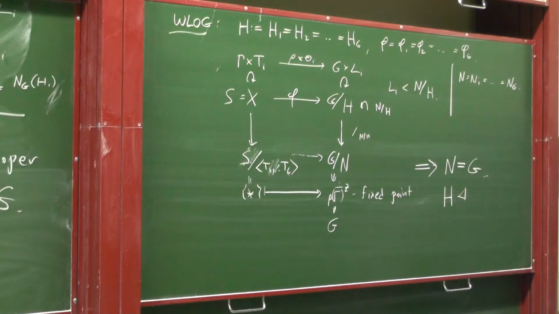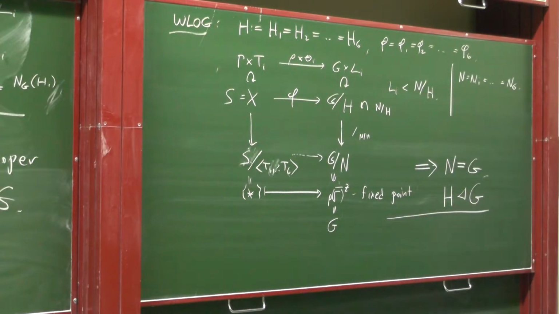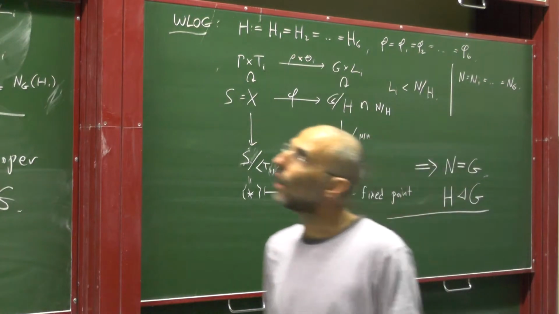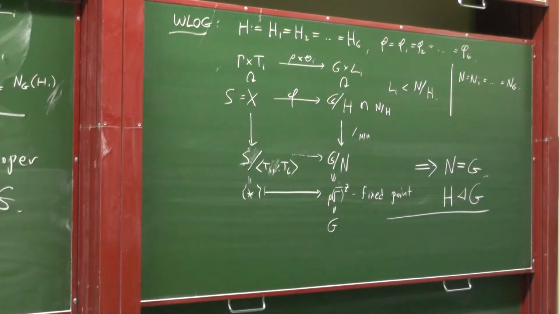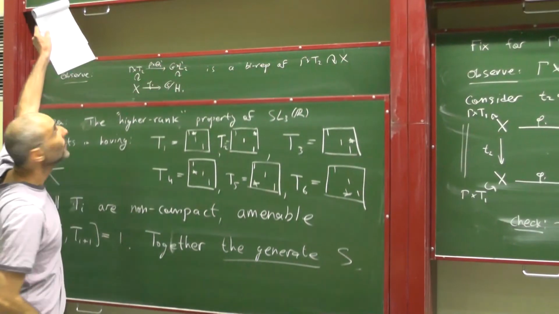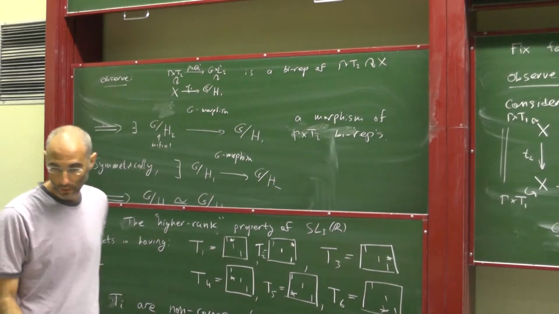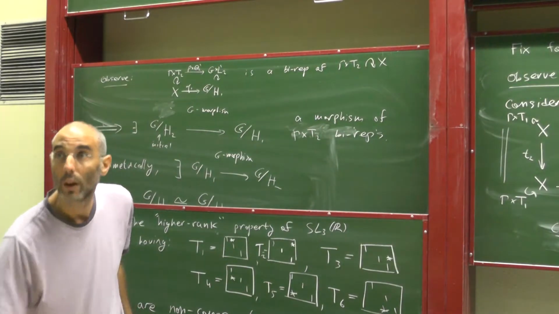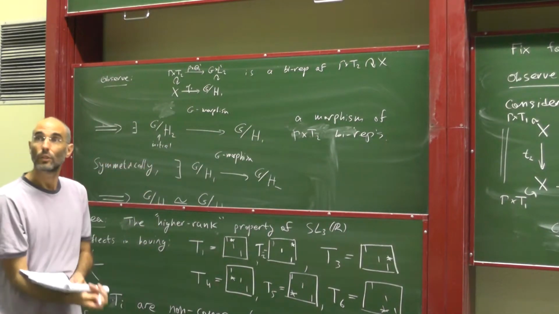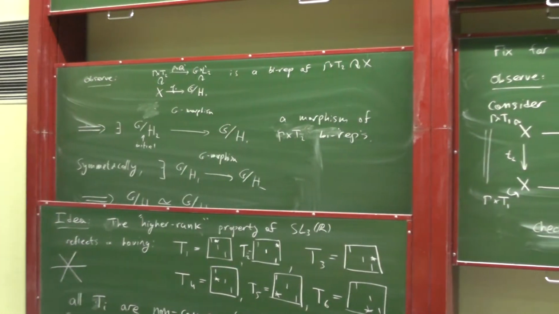H is normal in N, of course, and N is the normalizer of H. N is normal in G. But I was insisting, when I was discussing, on taking G simple. At the very beginning of this hour, last hour, I was emphasizing this. G is simple. It doesn't have any normal subgroup unless they are trivial.